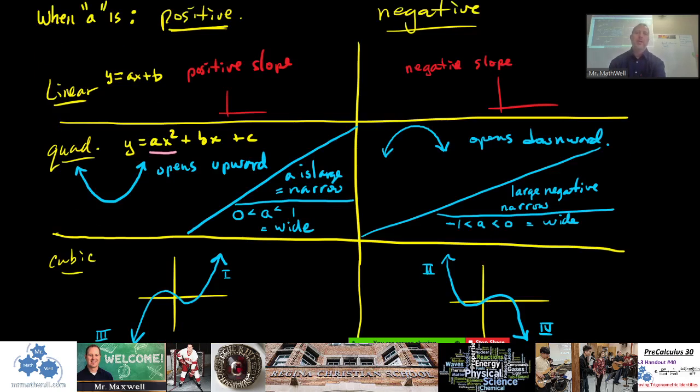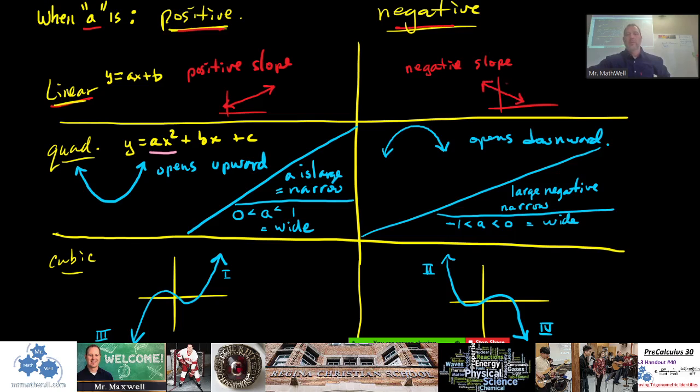Okay? So for a linear function, if a is positive, we know that it has a positive slope. So it's going to go up from left to right. If a is negative for a linear function, the graph is still linear, but it has a negative slope.